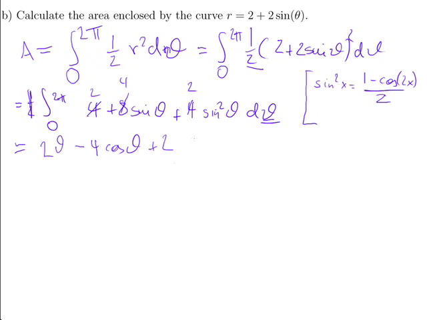So we get the integral from 0 to 2 pi over sin² θ, which is now (1 minus cos 2θ) divided by 2. Okay, and the 2 can cancel with the other 2, and of course we stay dθ.